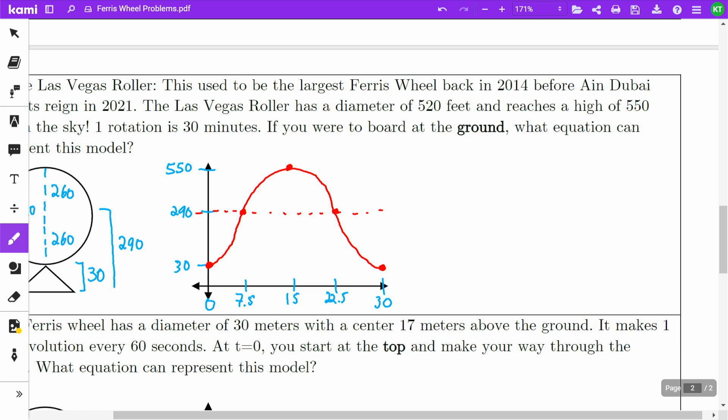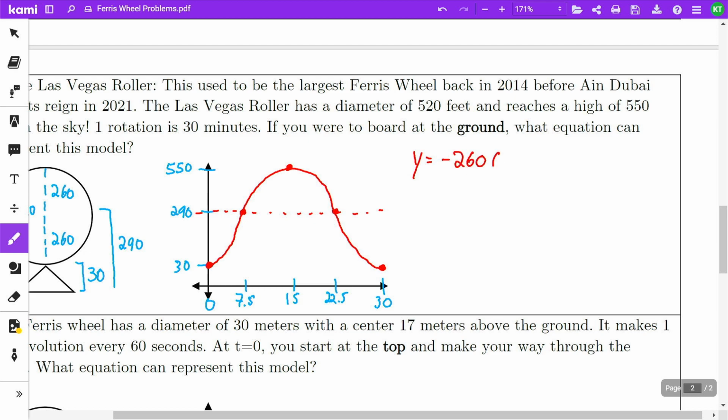But because this one is starting at the bottom, it's going to be a negative cosine. So y is going to equal some type of negative cosine. And we have to figure out our amplitude, which is going to be our a value, which is also going to be the same thing as our radius here. Our radius is 260, so a negative 260.